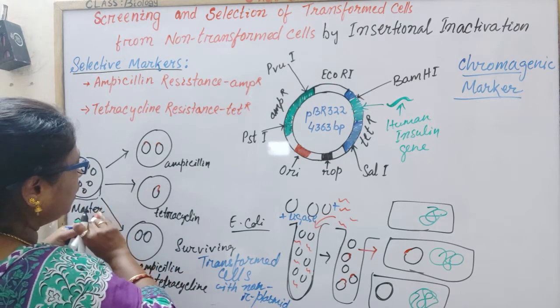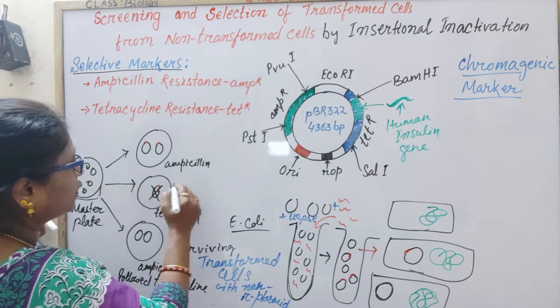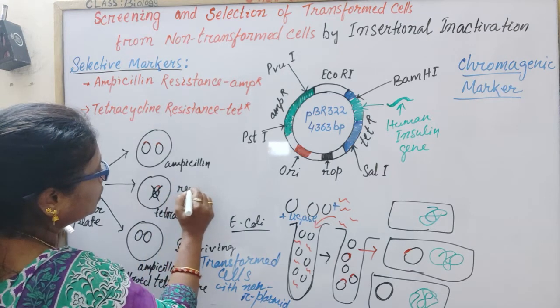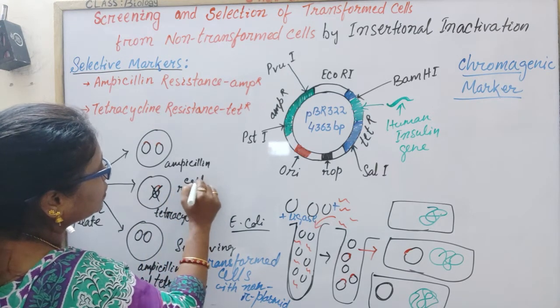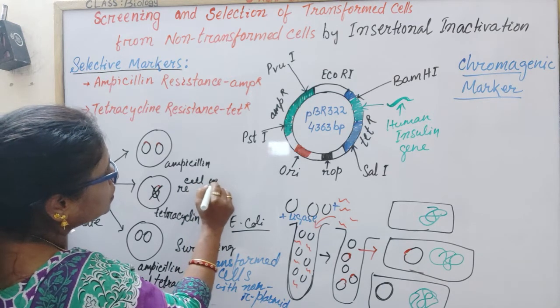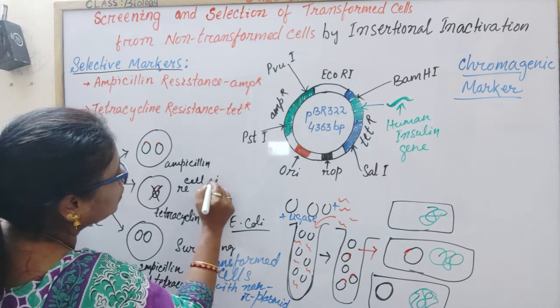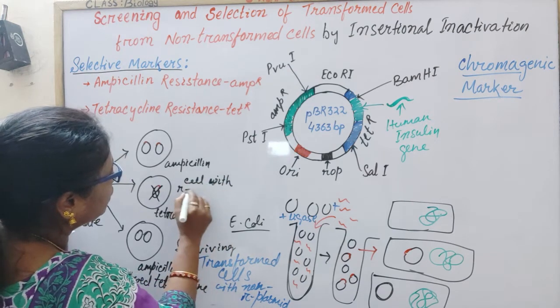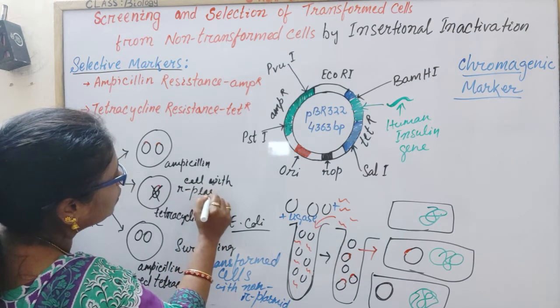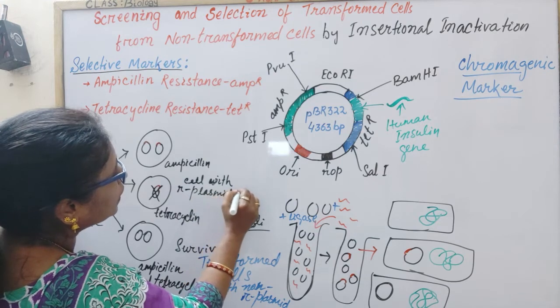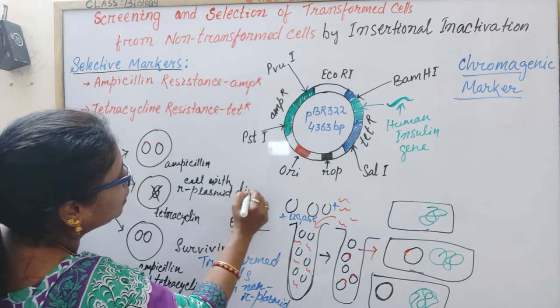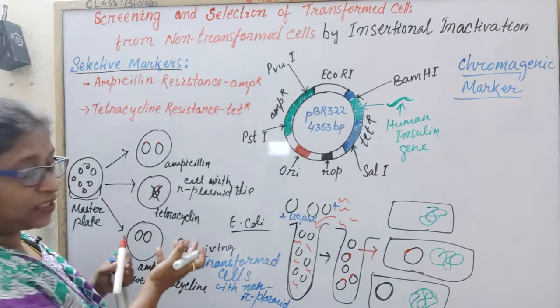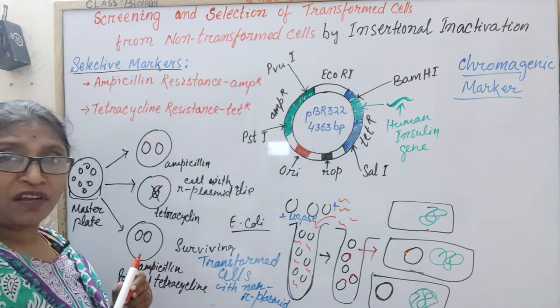All this recombinant, the cell with the recombinant R plasmid, they die due to lack of resistance, because inactivation is done.